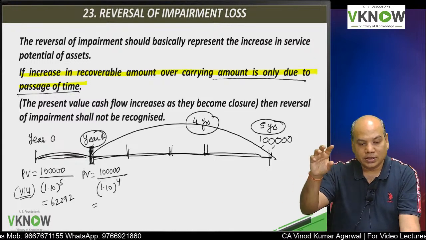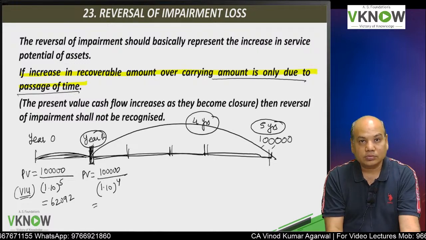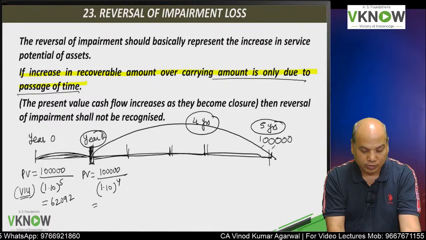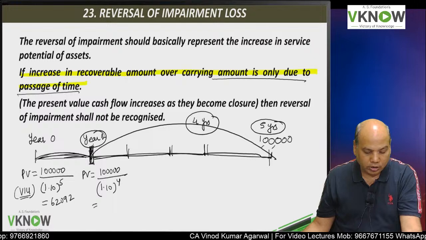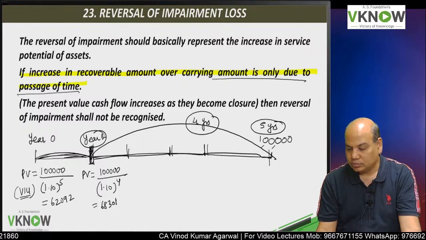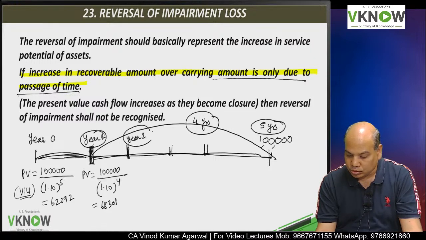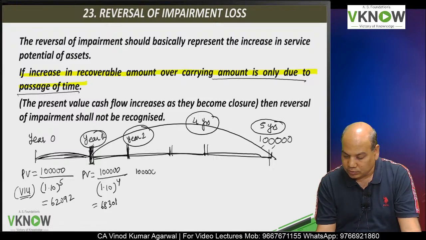The value of the asset is still 1 lakh, but we are 1 year closer to 5th year, so 1 lakh divided by 1.10, 4 times equal to, that is now 68301.